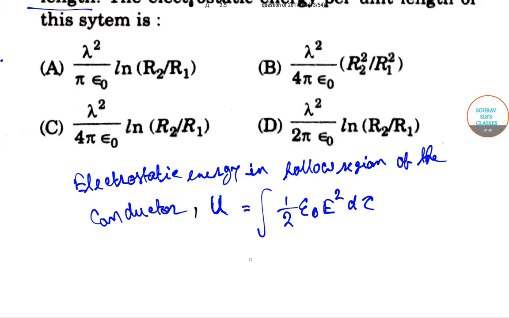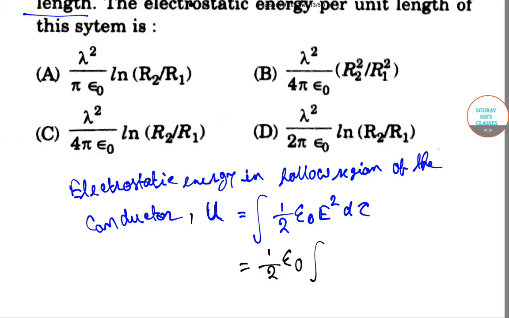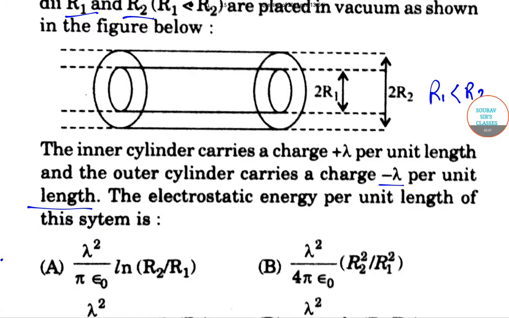So the constant term half of epsilon 0 is taken out from the integration, and the integration is from 2r1 to 2r2.